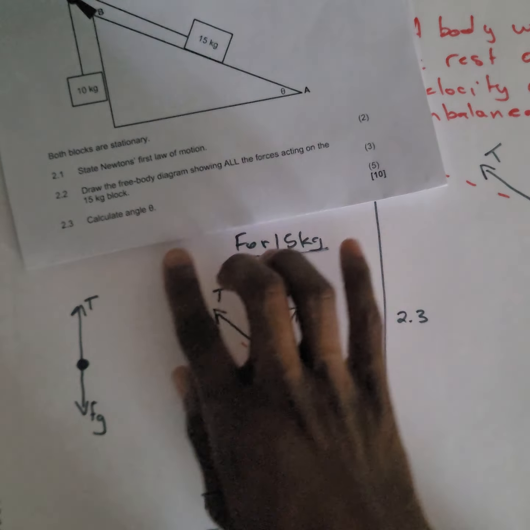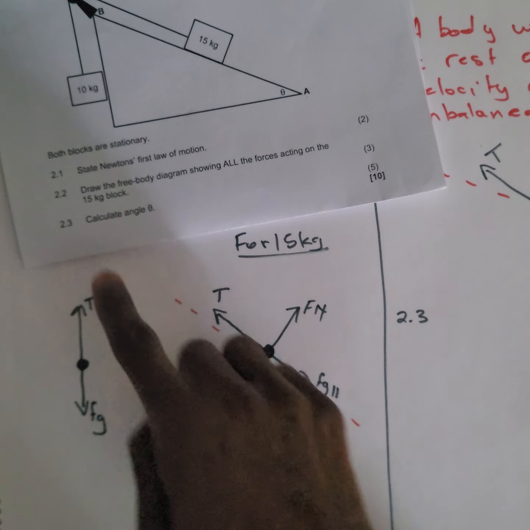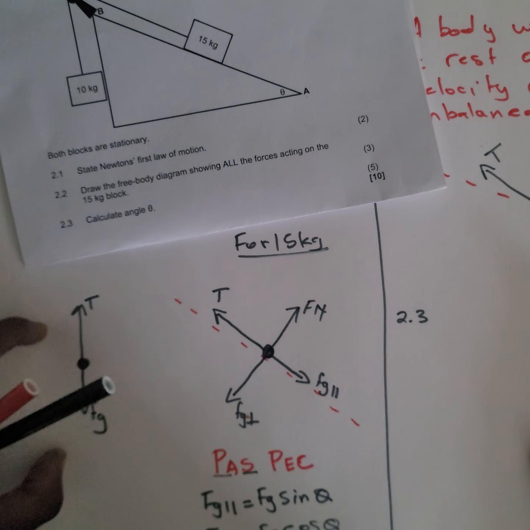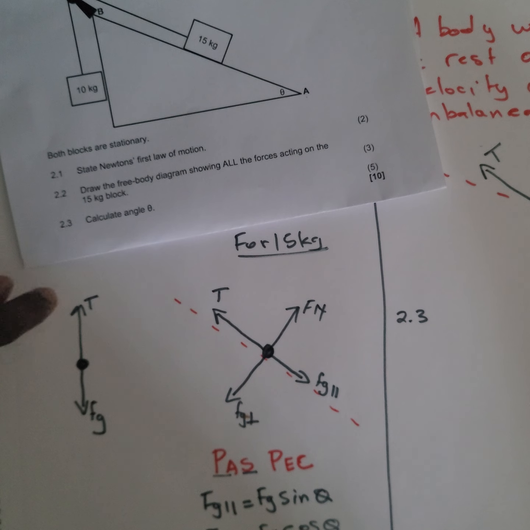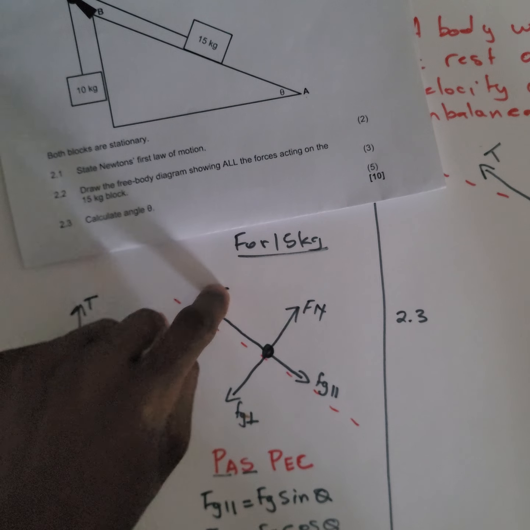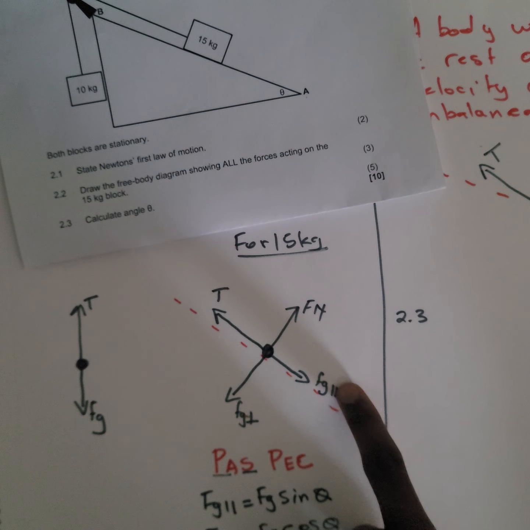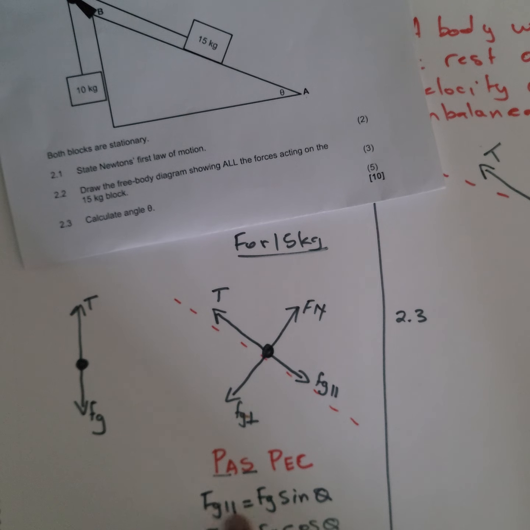So let me find F net for the 10 kg. After finding the F net, I will find the tension. After finding the tension, I will substitute it here, and then I will find Fg parallel, because I know Fg parallel has that theta. So that will be the approach.